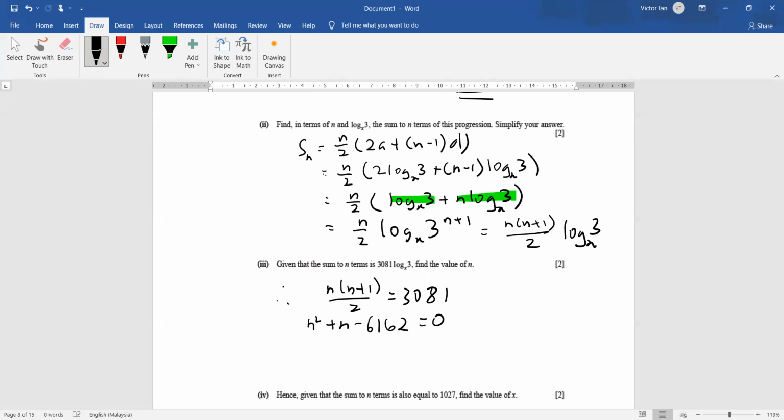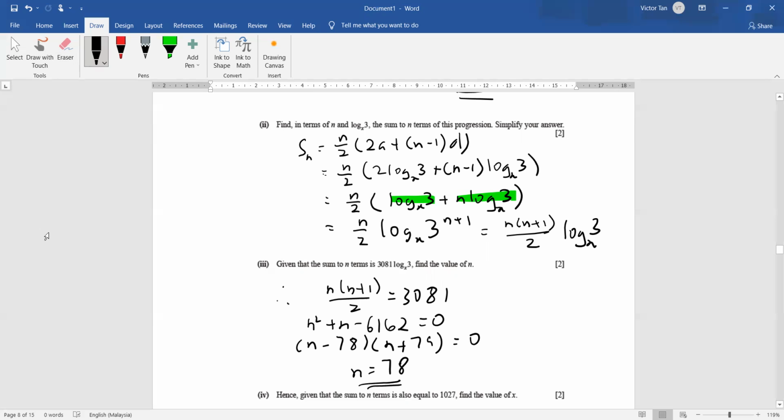So solving this, we will have n minus 78 and n plus 79. n is a positive value, therefore n equals 78. That's it.